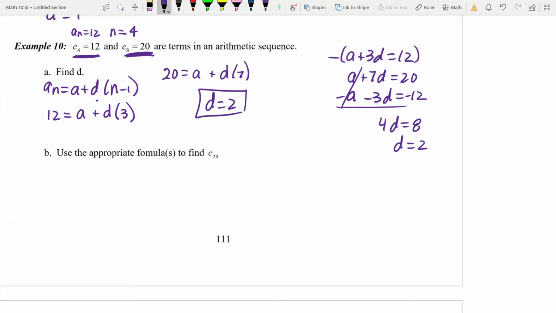Okay. Use the formula to find the 20th term. That means, are you asking a question? Yes. Why did you put the negative through the bottom instead of just the top? I can put the negative through the top or the bottom. Either one.